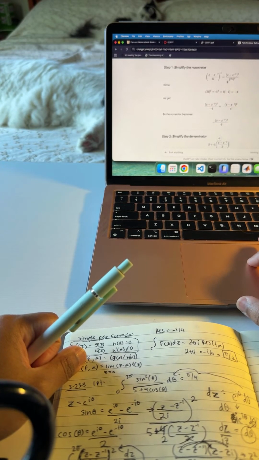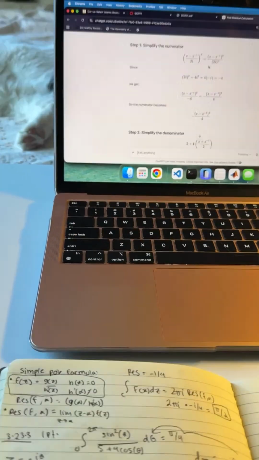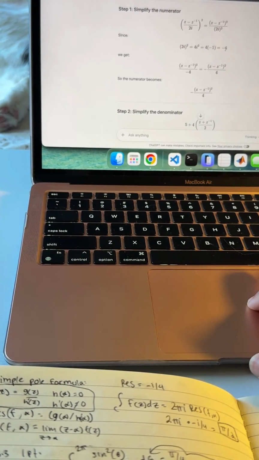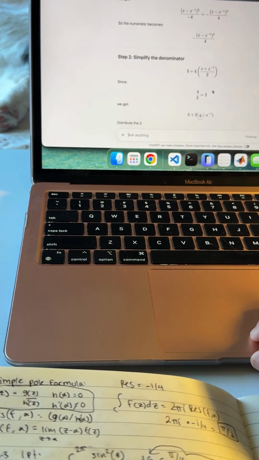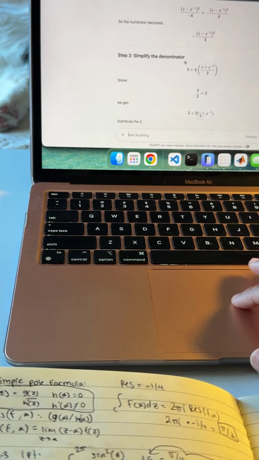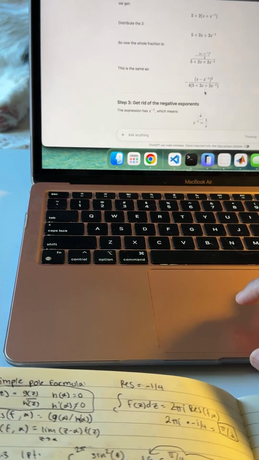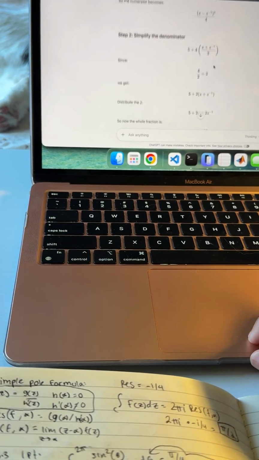So they're squaring the top and the bottom, and the bottom becomes -4. The top stays the same. But you simplify the denominator, you get 2. Wait, we're looking at the denominator?